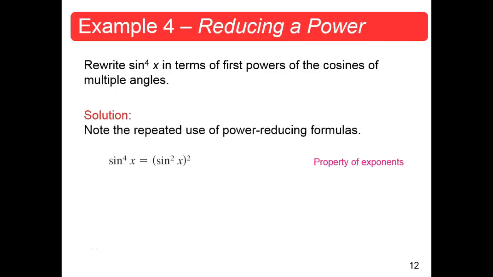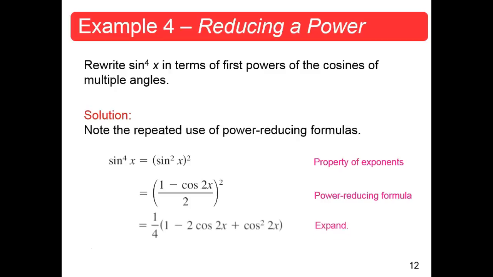Note that repeated use of the power reducing formulas, sine fourth x is sine squared x squared. Exactly like we did. Okay? And because we already know what sine squared is, 1 minus cosine 2x over 2, but that's squared, and when we square it, we get 1/4.